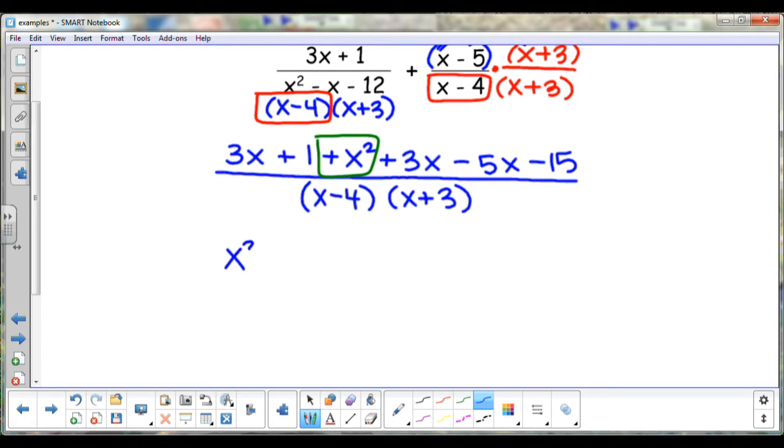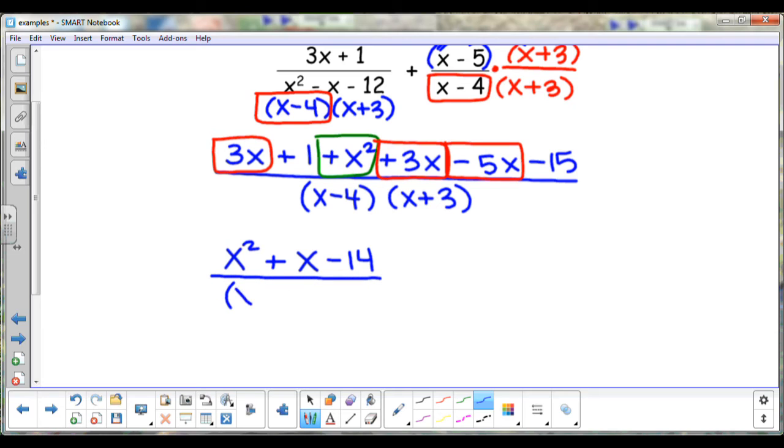Then I'm going to combine my x's of a positive 3x and a negative 5x to give me a positive x. And then my constants of positive 1 and negative 15 to give me a negative 14. So that expression is still over the x subtract 4 and the x plus 3.